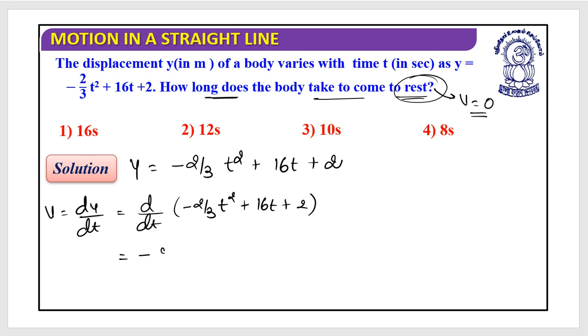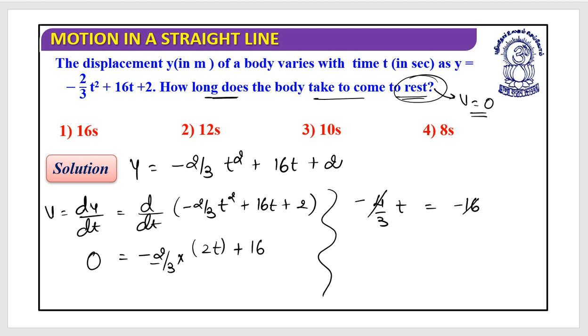So this equals minus 2 by 3 multiplied by 2t, plus 16, and this should be 0. This is 2 into 2, so minus 4 by 3 t equals minus 16. The 4 and 4 are gone, minus minus is a plus, and t equals 12 seconds.